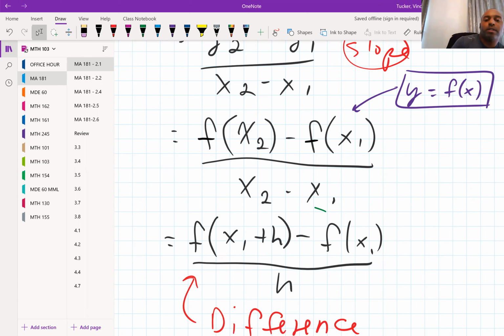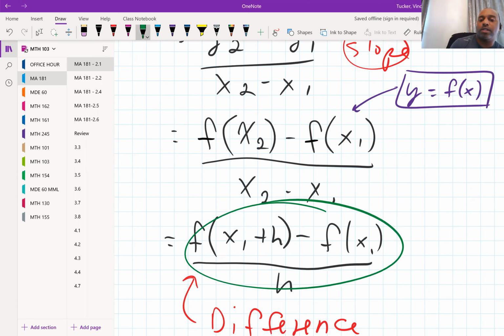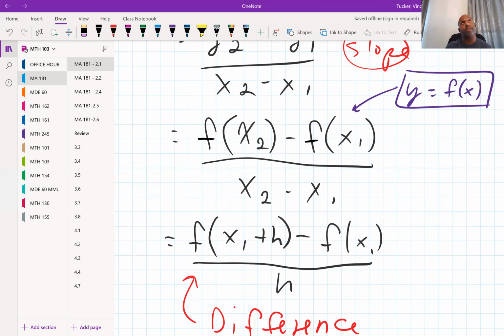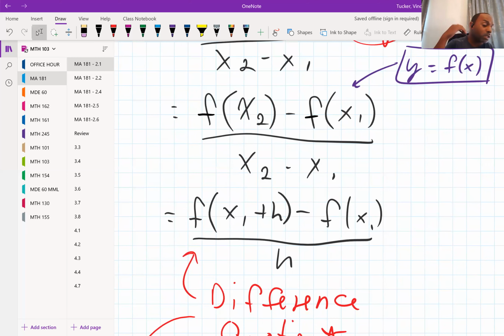Another way of representing it is f of x1 plus h minus f of x1 over h. If you remember from last session, that's our difference quotient. I told you we would use that again when we get into calculus. We're going to use that to help us find the slope.